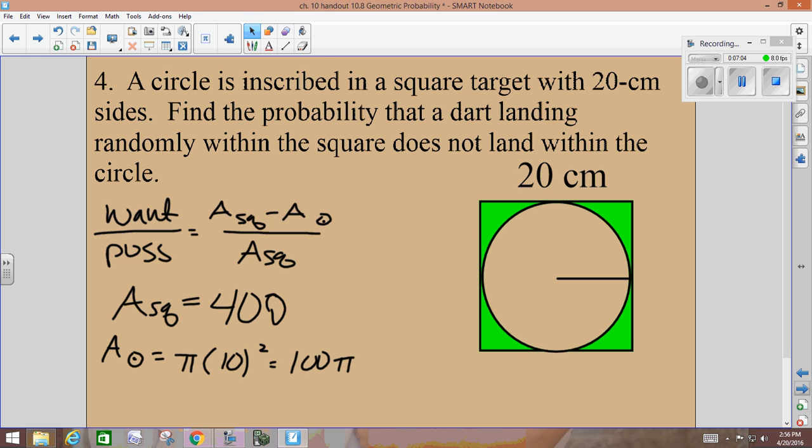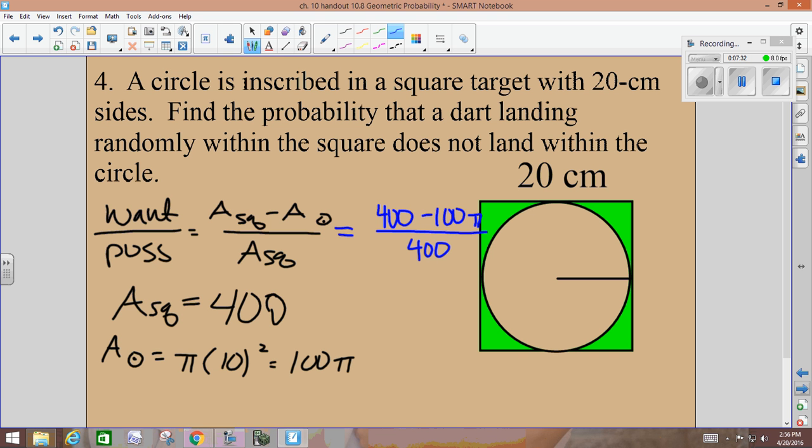So if it's me, I like to leave everything in terms of pi. I think it's kind of easier, but 400 minus 100 pi all over 400. Do 400, 100, and 400 have anything in common? But they all three have to have the same thing in common. Do all three numbers have anything in common? 100, right?